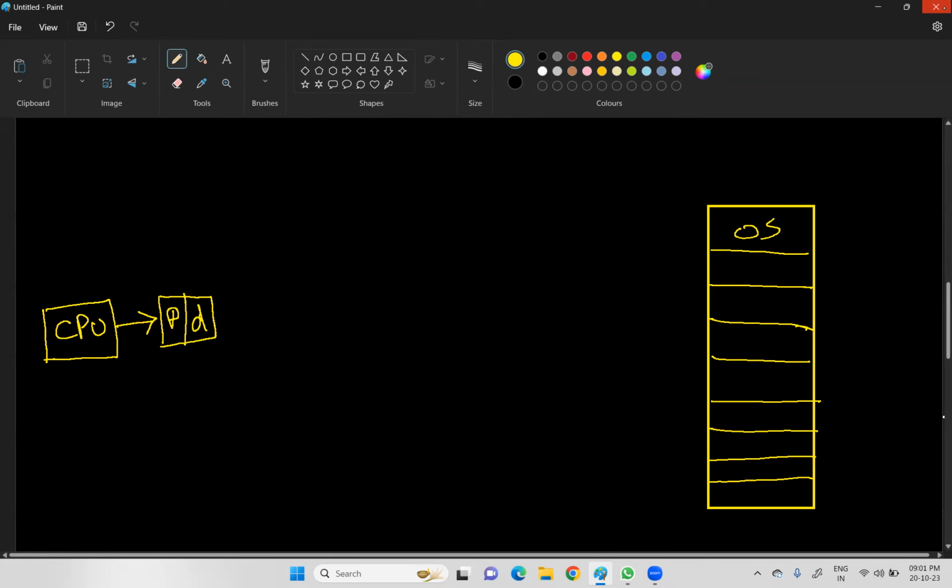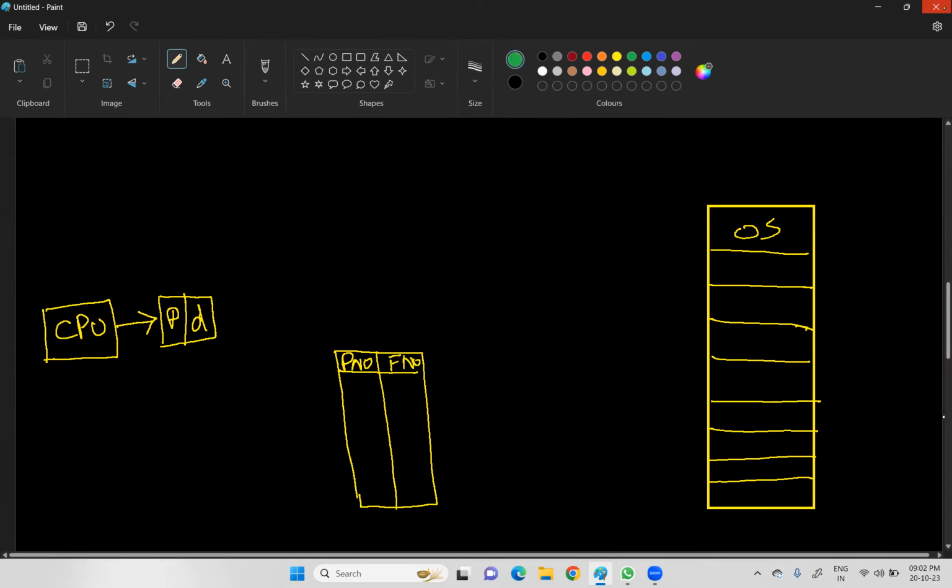Page numbers and frame numbers are stored in the page table, as I told you just before. So a page table can be created here. Let me draw it. This is the page number, PNO. This is the frame number, FNO.